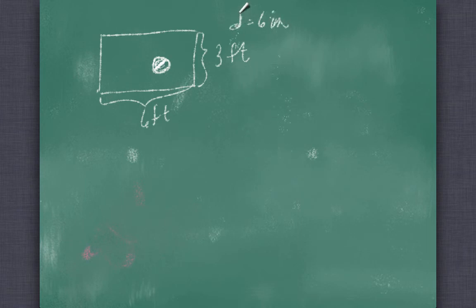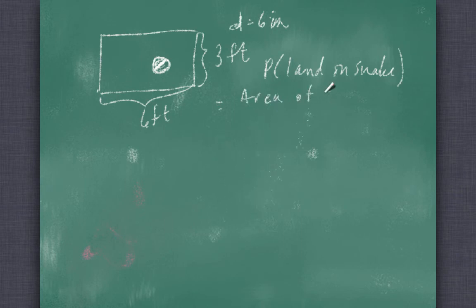Okay, so let's say you're just going to jump kind of wildly in the sandbox and you want to know the probability you land on the snake. Let's ignore the size of your feet for a minute. Okay, so what we want to know is the area of the top of the snake divided by the area of the sandbox.